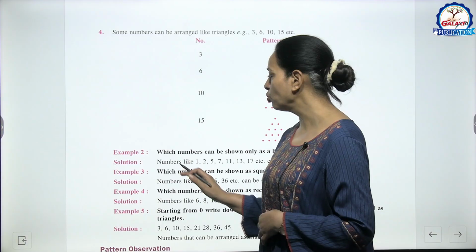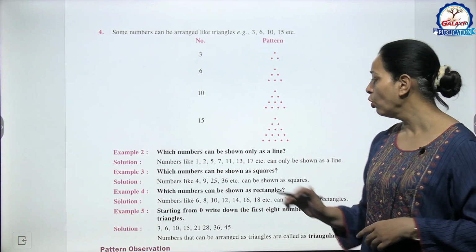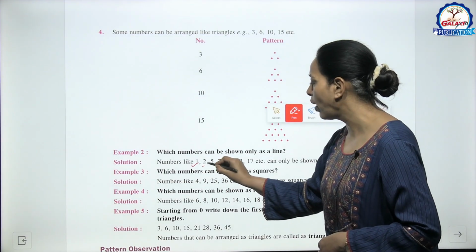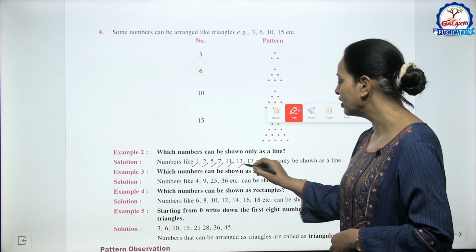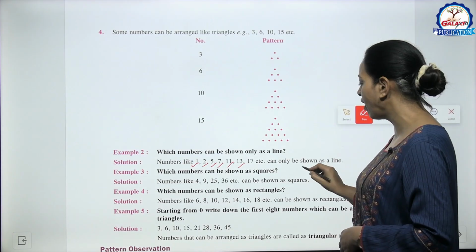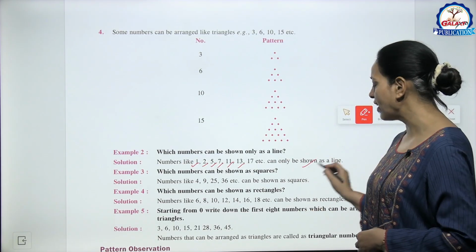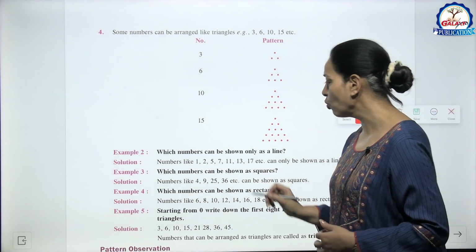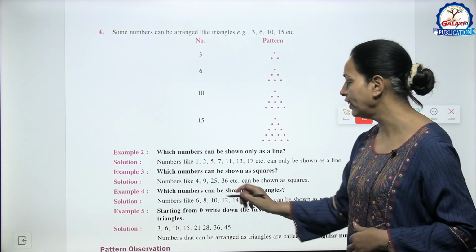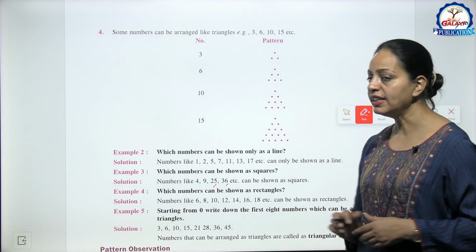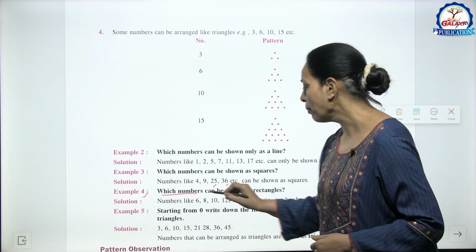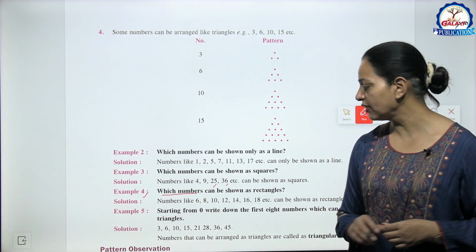Now see example 2, which numbers can be shown only as a line. So we know numbers like 1, 2, 5, 7, 11, 13, 17 etc. can only be shown as a line. Now example 3, which numbers can be shown as squares, like 4, 9, 25, 36. These can be shown as square. Now example 4, which numbers can be shown as rectangles?